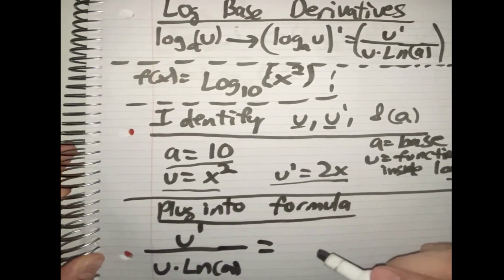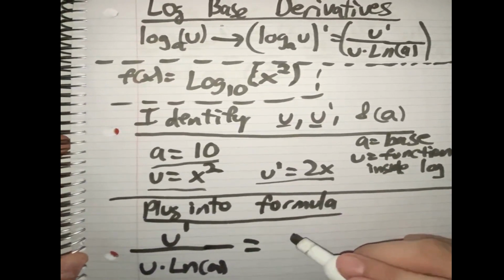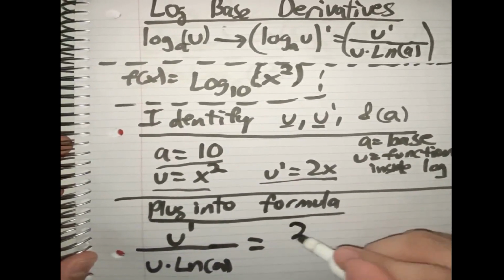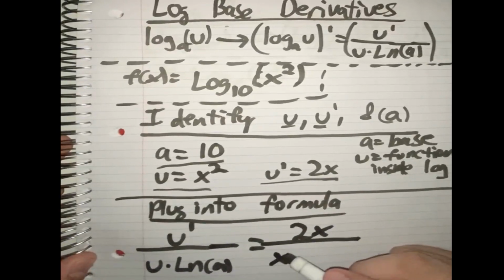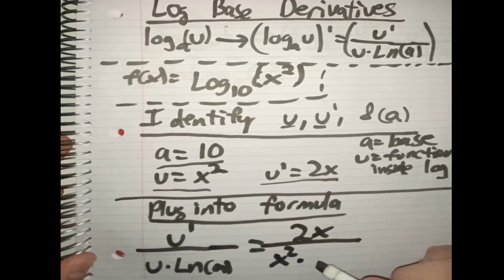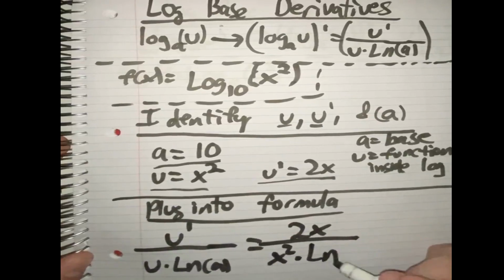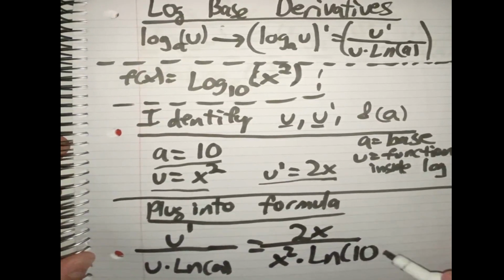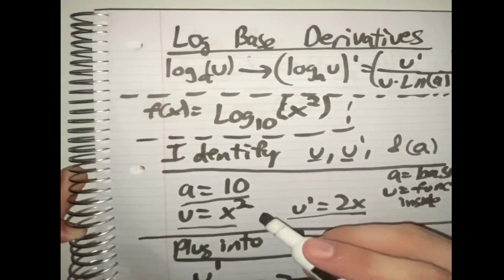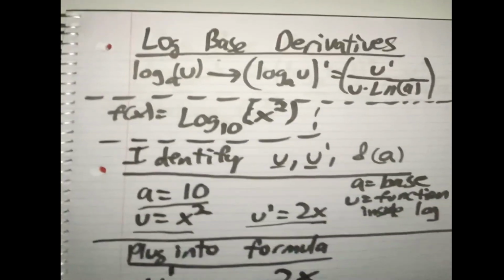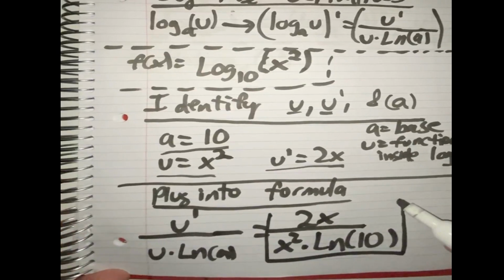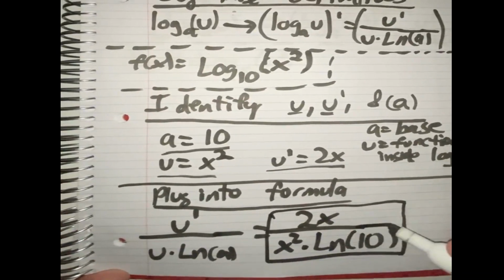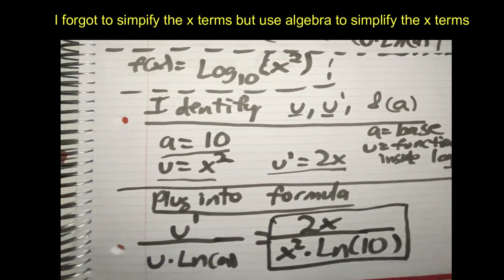In this case, our u prime is 2x, divided by our u, which is x squared, times the natural log of a. So this would be the natural log of 10, because we identified a to be 10. So this right here is our final answer, and this is how we take log-based derivatives.